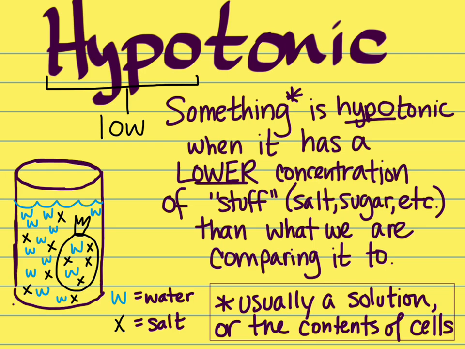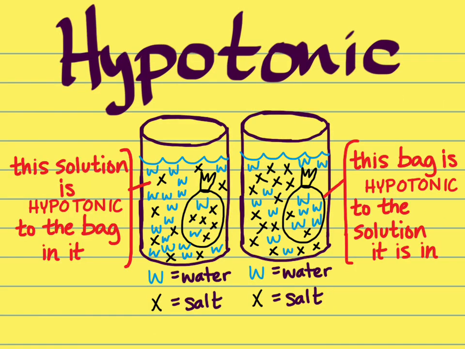Here, we've got a beaker and a baggie again that we're going to look at in more detail in just a second. So, same drawings as before, but now we're looking at the fact that the solution in this one is hypotonic to the bag, and the bag over here is hypotonic to the solution.